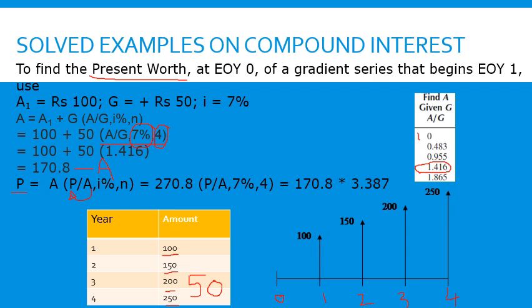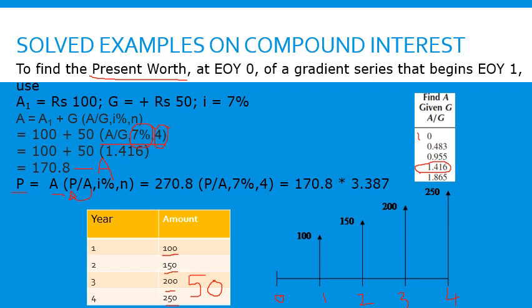P is equal to A multiplied by P by A comma I comma N. Same method, wherein A is 170.8, so 170.8 multiplied by P by A comma 7 comma 4.